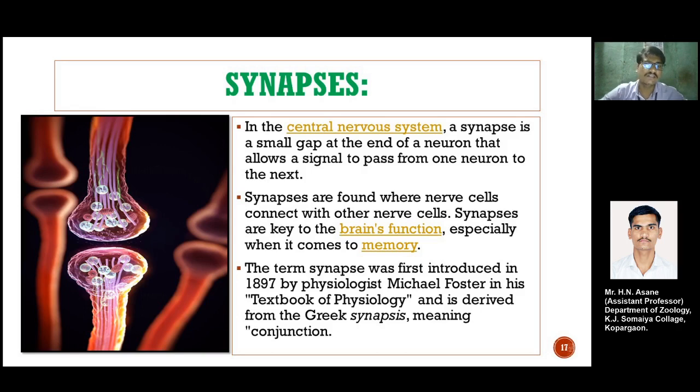We have seen the various types of conjugation, meaning they are conjugating in one place and performing a similar function for the purpose of an output. They are conjugating and performing one function. So in Greek it is named synapsis, and the English meaning of this word synapsis is conjugation.